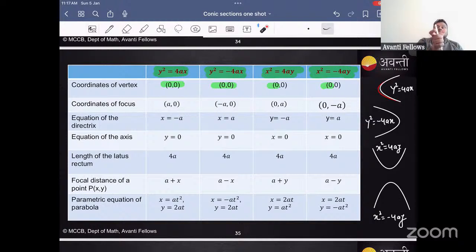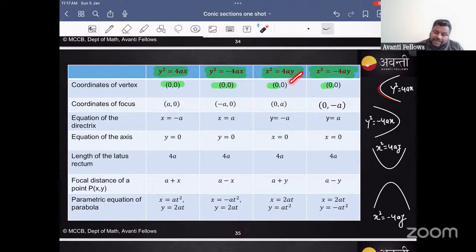That is equal to the distance from the directrix, which is a plus x. The parametric coordinate will be (at square, 2at), so the parametric equation of the parabola is (at square, 2at). Understood? Now when it comes to y square equals minus 4ax, the focus will be (minus a, 0). Rest everything is almost the same.